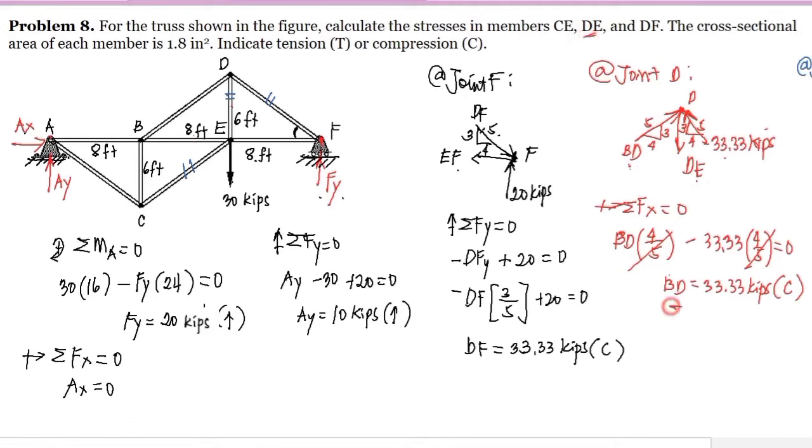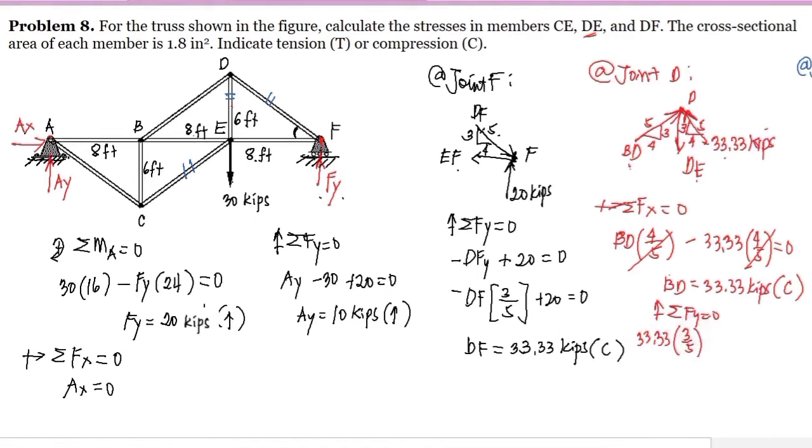So we have summation of forces vertical is equal to 0, taking the upward direction as positive. So si BD ay directed to quadrant 1, so positive yung Y component nito. Since BD is equal to 33.33, so it's 33.33 multiplied by the vertical component, so it's 3 over 5.